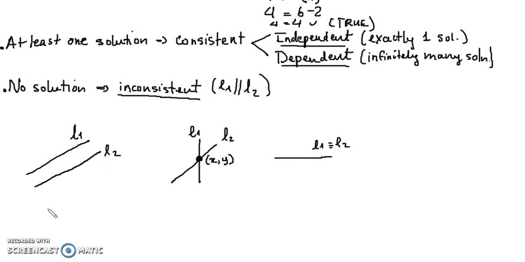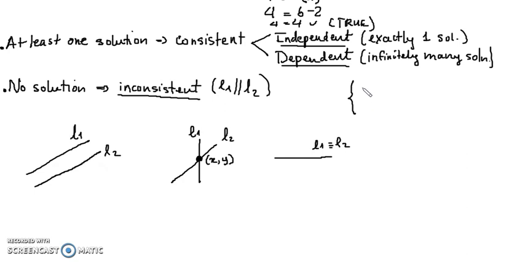Now, how can we interpret this in algebra? We know that if the two lines are parallel, assume that I have two lines here, and we only talk about two lines at the moment. We will later on discuss systems of multiple linear equations, more than 3, 4, 5, but we only use the scenario of two for now.